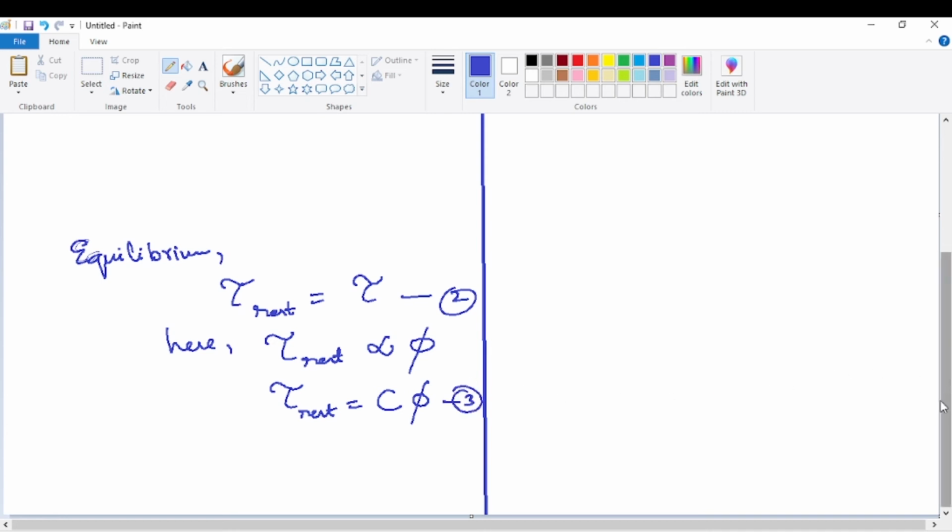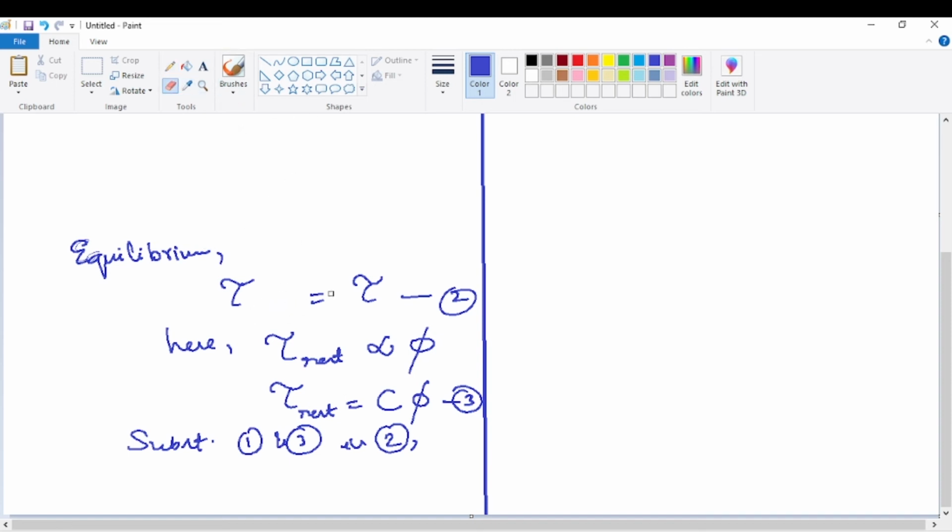Now substitute 1 and 3 in 2. 1 is the deflecting torque, and 3 is the restoring torque. Equilibrium automatically means that restoring torque is equal to deflecting torque.